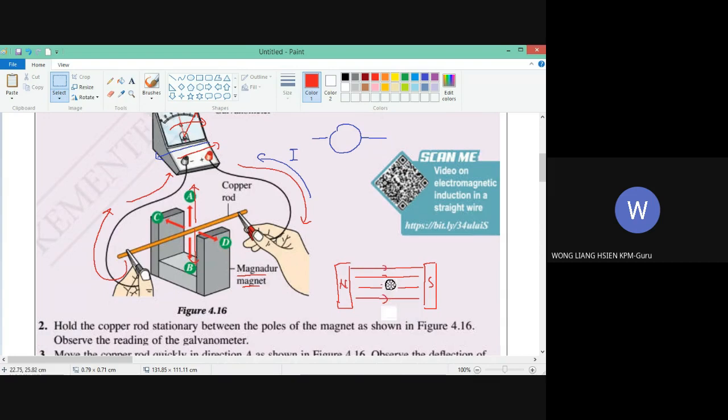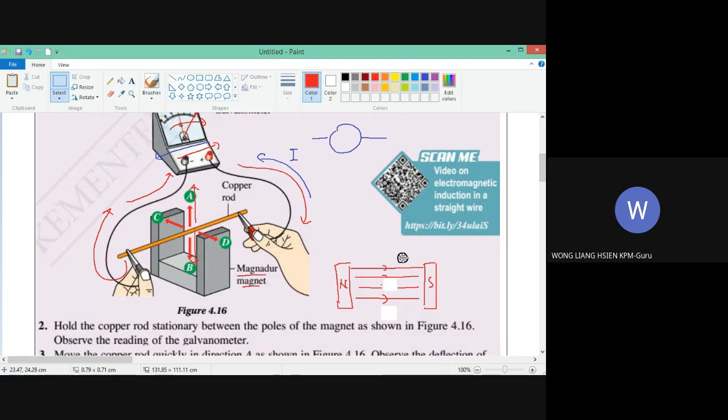In another way, we can say that when the copper rod or conductor cuts through the magnetic flux, there will be relative motion. Cut like this, there is relative motion. Cut like this also, and like this also, there is cutting. So there is relative motion.